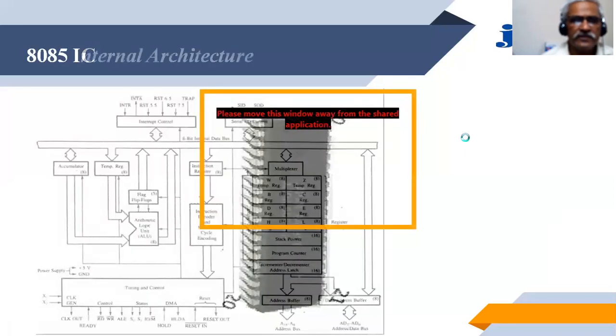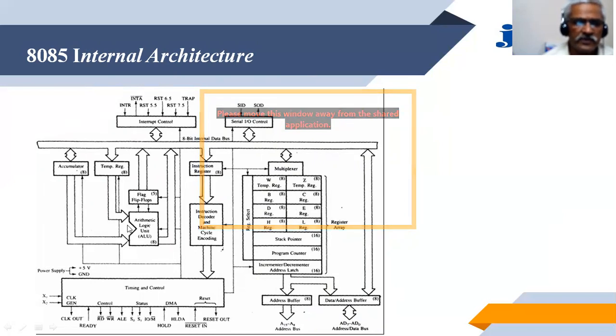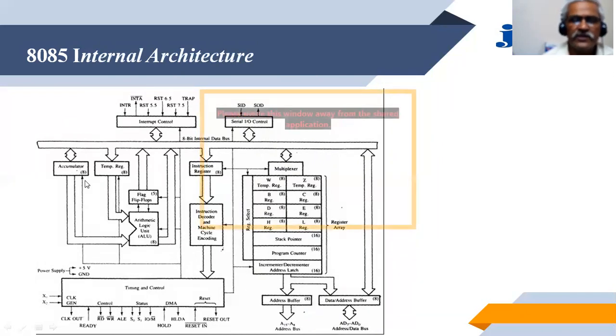We start with the complete internal architecture of the 8085, described here in this figure, which consists of the different registers, the address and the data bus buffers, the timing and the control unit, the instruction register and the decoding unit, the ALU, the serial communication and the interrupt mechanism.